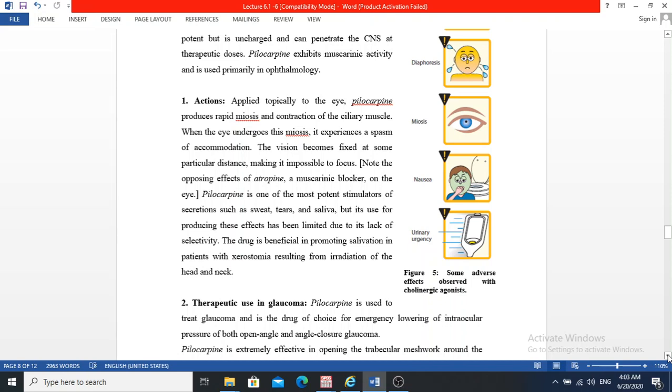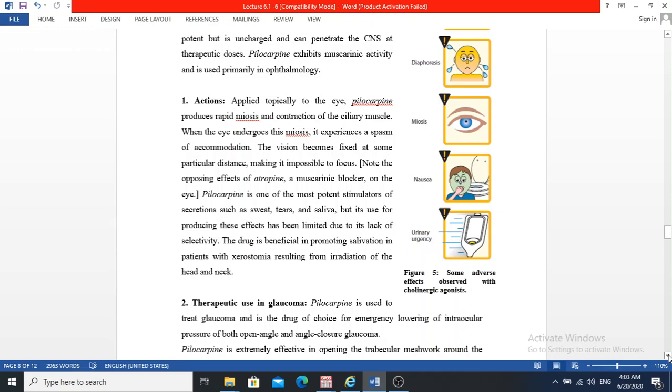Pilocarpine is one of the most potent stimulators of secretion such as sweat, tears, and saliva, and its use for production of these effects has been limited due to its lack of selectivity.